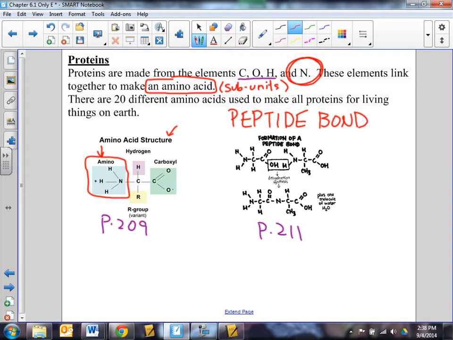Just as a side note, if you see pep at the beginning of a word in biology, it most definitely has to do with a protein, somehow, somewhere. Now a peptide bond is simply something that you would get if you went through dehydration synthesis.